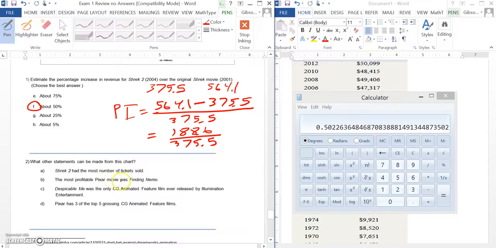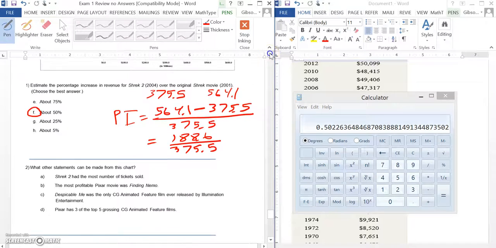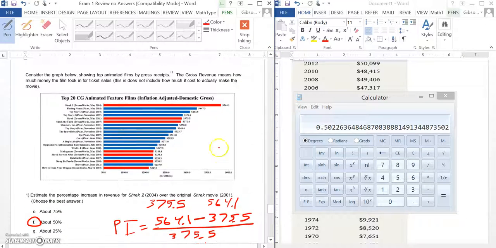B. The most profitable Pixar movie was Finding Nemo. C. Despicable Me was the only CG animated feature film ever released by Illumination Entertainment. Or D. Pixar has 3 of the top 5 grossing CG movies, computer-generated animated feature films. Okay, so we could look here.